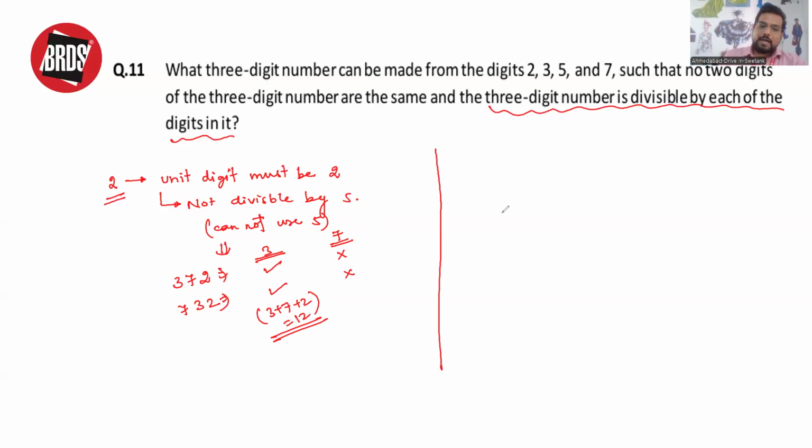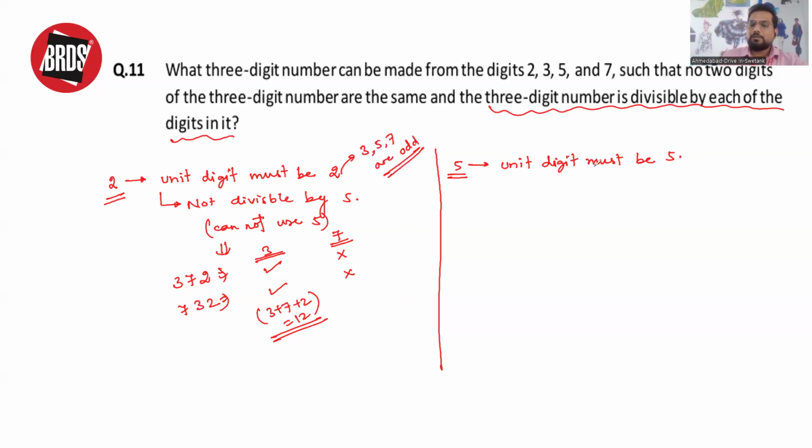Now, same way, if I want to use the 5 in my number, then again the unit digit must be 5. If I use 2, the unit digit must be 2, because we do know 3, 5 or 7 are odd ones.